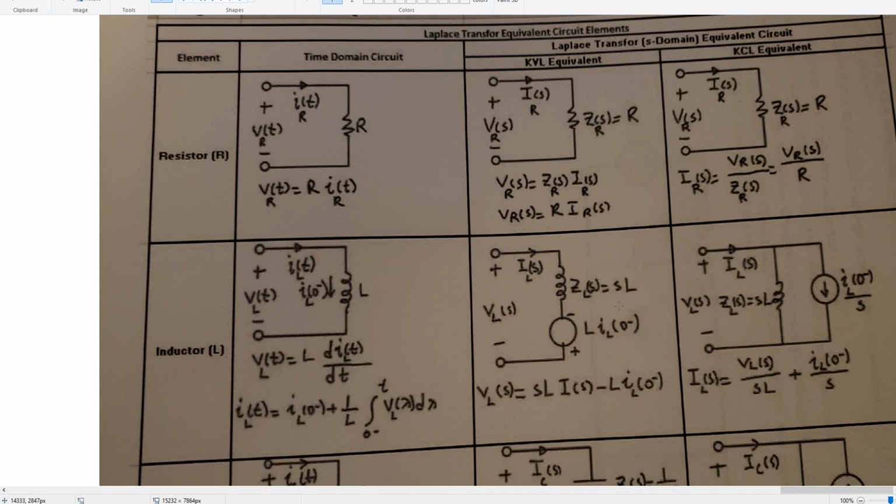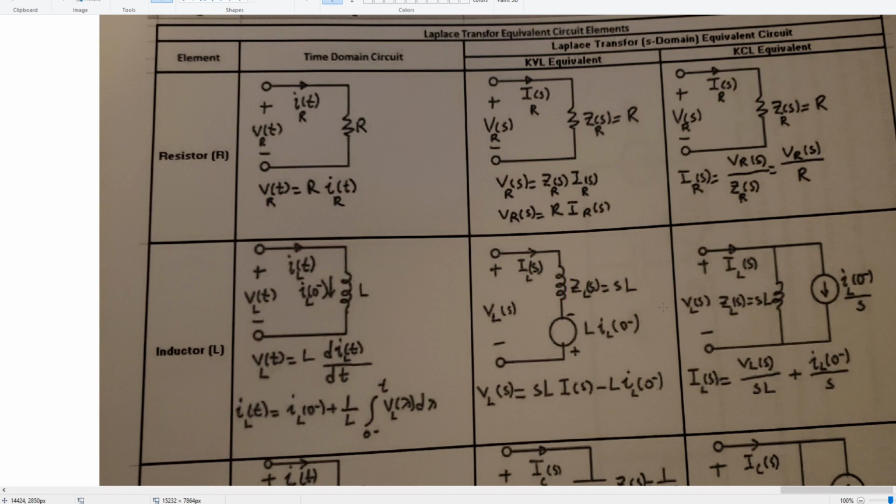So we have that. Just remember to use this diagram where it has this Z over here. Just make sure it has Z. If it says Y, don't use that diagram. You just have to flip this, right? 1 over SL would then become SL.